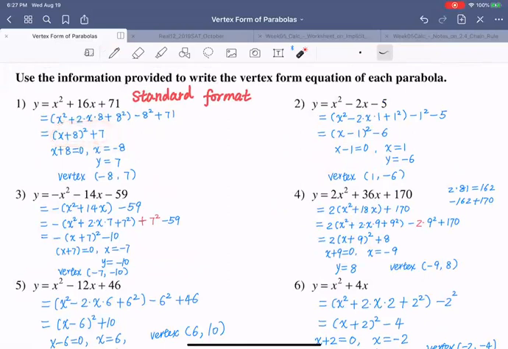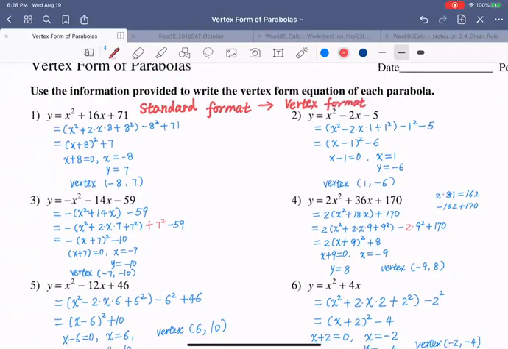So, standard format conversion to vertex format. If you want to put a topic for today's class, you can put conversion between standard format to vertex format. You can write this down.